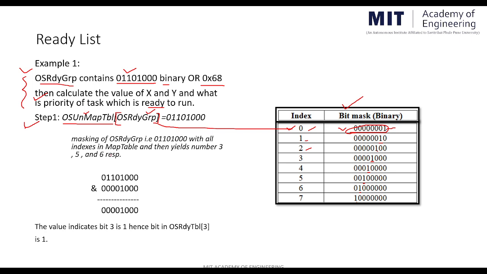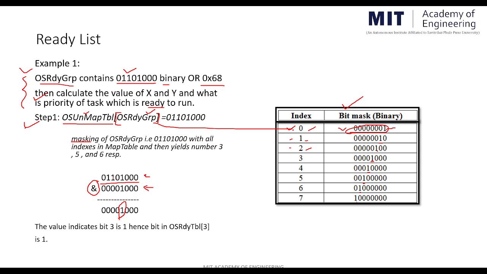For that, the kernel has to perform the masking operation, and you know that masking is nothing but the ANDing operation. So the kernel takes the value of OS_RDY_GRP as an input and performs the ANDing operation with all these indexes, so that the kernel can take out the first index which tells that some priority from the OS_RDY_TBL is ready to run.